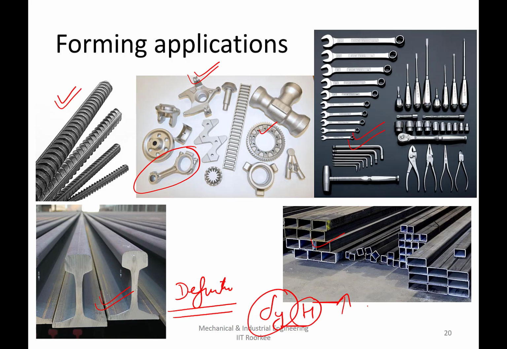That is why mostly you'll see the crankshaft, connecting rod, or these wrenches, which need to be strong and light in weight, because these need to be handled by human beings. If these are strong and light in weight, you can easily use them. Otherwise, you will feel fatigue very easily by handling these heavy things. So these are some of the applications of deformation based products.